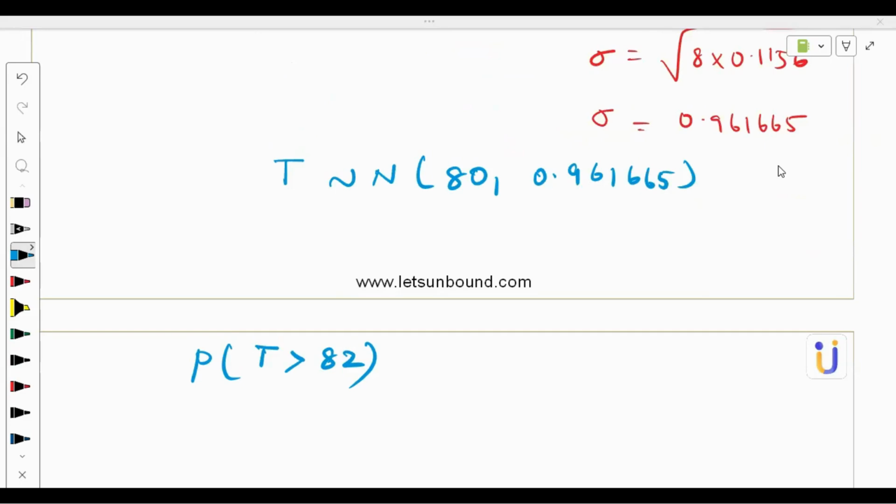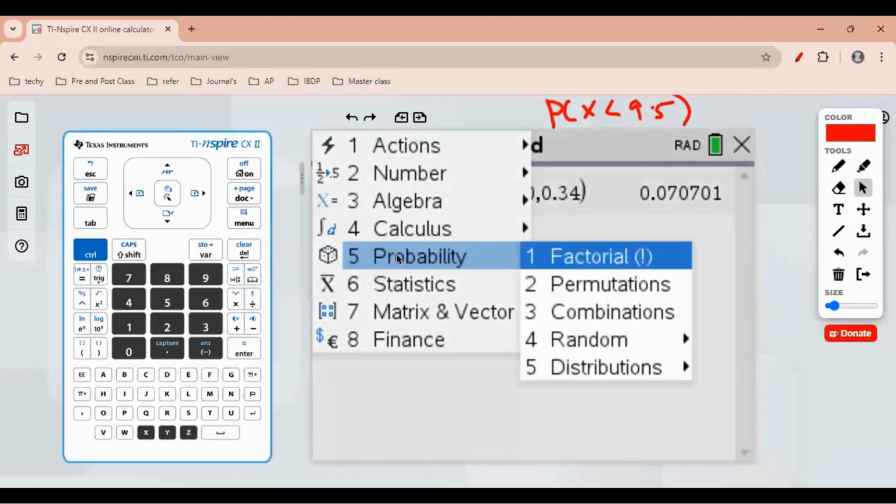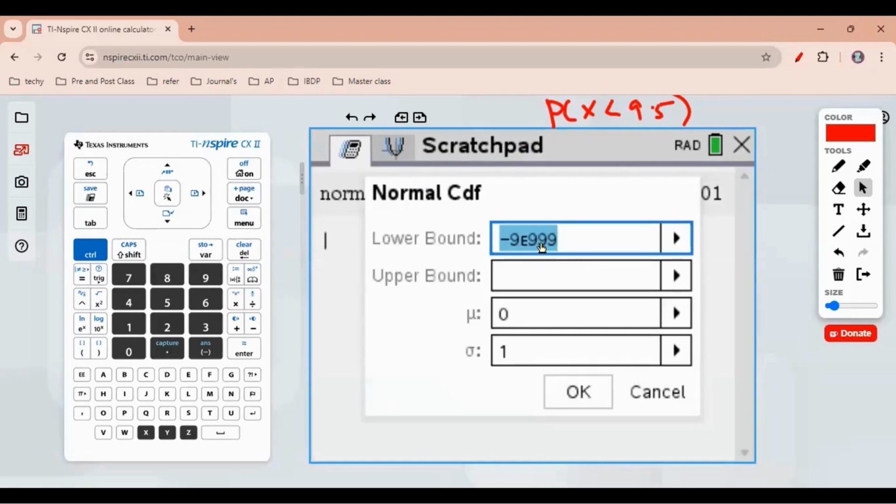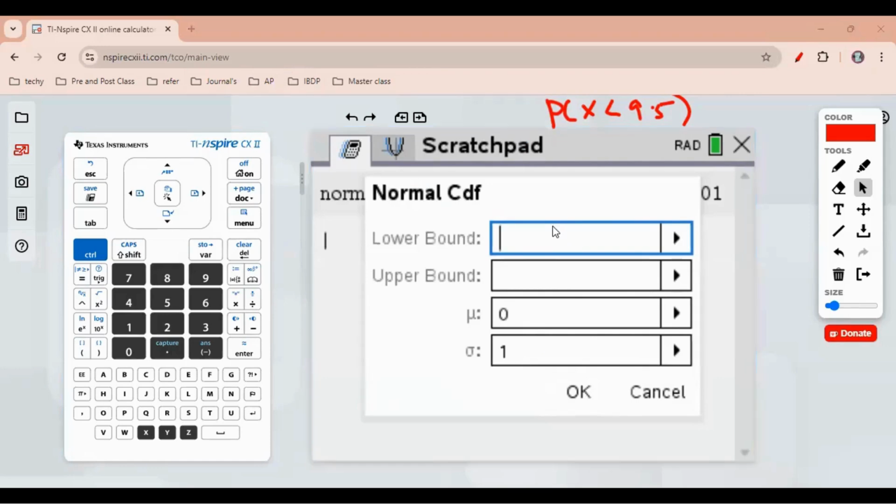Let's go to the technical page here. Again, go for probability distributions, normal CDF. The lower bound is actually x greater than 82, since that's what I'm solving.